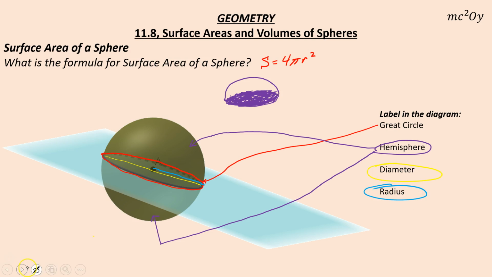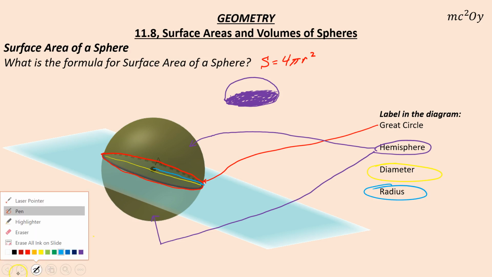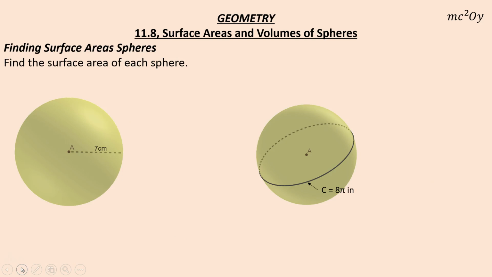Okay, so let's go ahead and apply our formula here. Our formula for surface area, remember, is surface area is equal to 4 pi r squared. And so really what you need to know is r. In this first sphere, we have a radius of 7.